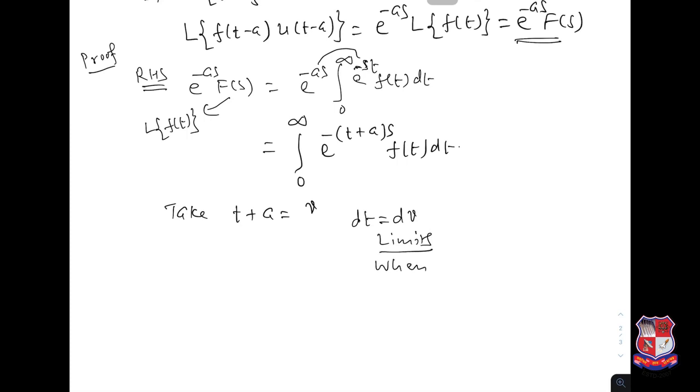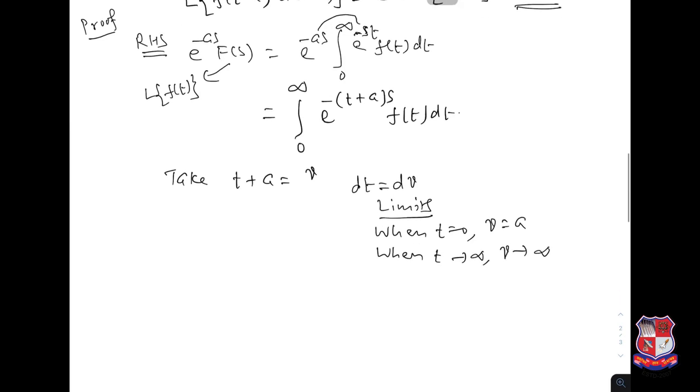So when t is 0, v is a, and when t tends to infinity, v also tends to infinity.